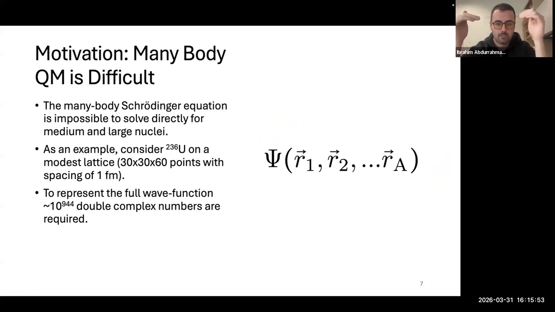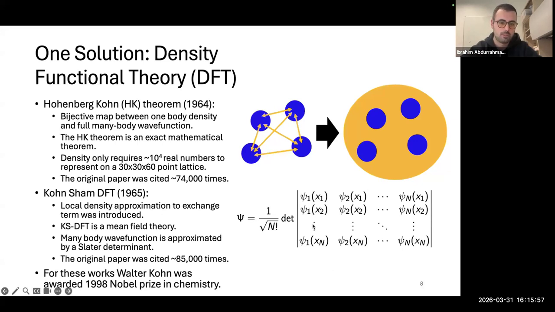And then because you're looking at fermions, you have to anti-symmetrize it. And this is the simplest thing you can do. Then in this case, you can actually, through a self-consistent procedure, solve what's known as the Kohn-Sham equations and get the ground state density.